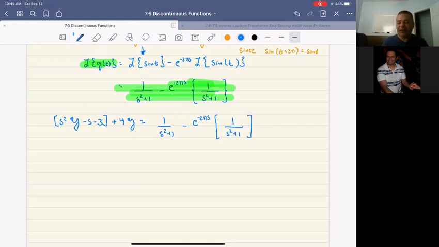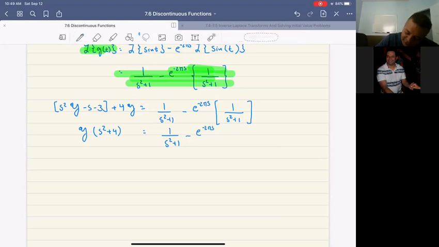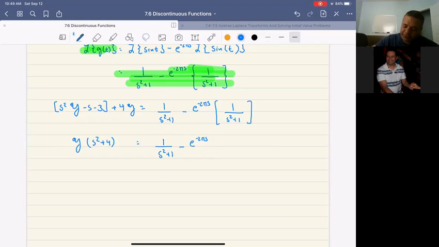Let's go ahead. We're going to have to solve for y, of course. So I'm going to write this as y times s squared plus 4 equals 1 over s squared plus 1 minus e to the negative 2 pi s. Let me move this down a little bit, running into the other stuff.